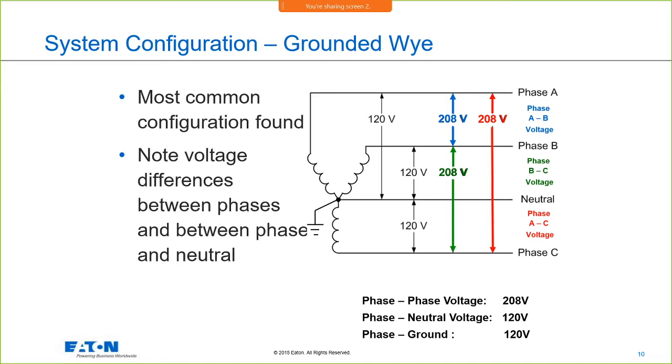Most common configurations are found at 208 volts. This is your Y-grounded system. Again, you have voltage differences between the phases.